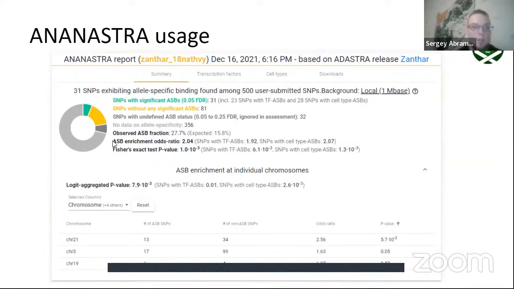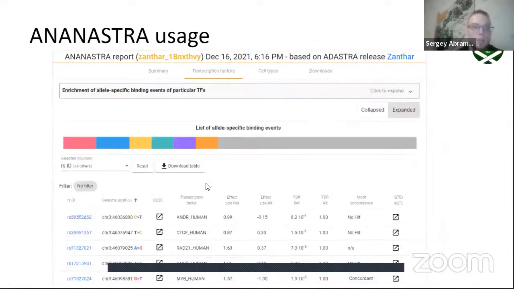There are also odds ratios of enrichment and p-values. The same is done chromosome-wise, and enrichment is also calculated for each transcription factor and for each cell type.